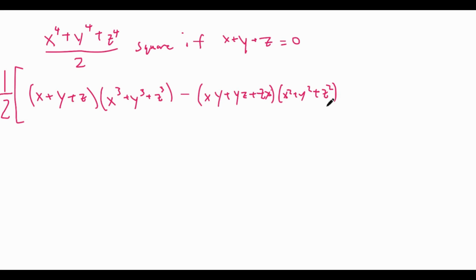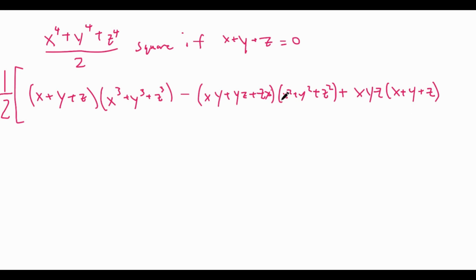But now we have extra terms of the form x squared yz, y squared zx, and z squared xy. So in order to counterbalance that, we can just add back whatever we subtracted, because x squared yz plus y squared zx plus z squared xy is actually just equal to xyz times x plus y plus z.